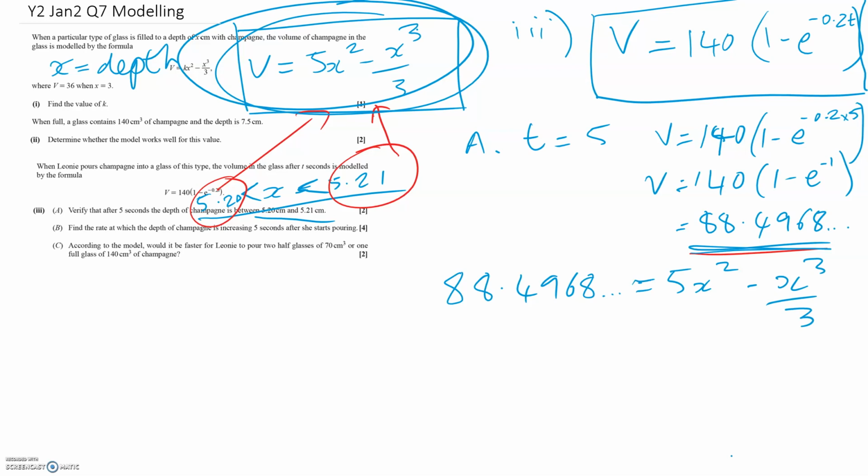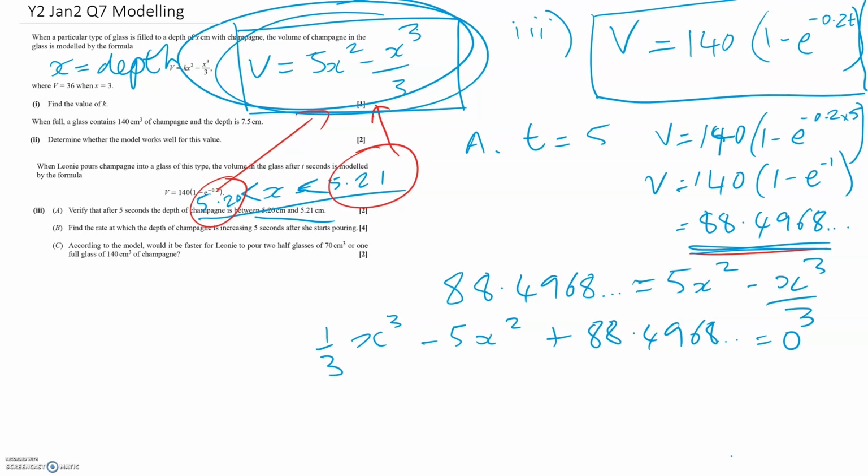And we could just solve this. It's a cubic equation. I'll get everything on the left. So 1/3 x cubed minus 5x squared plus 88.4968 equals 0.